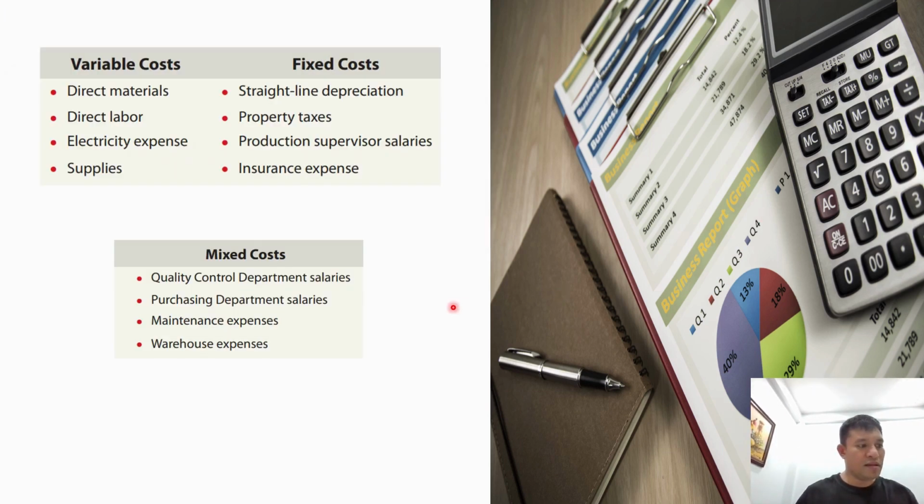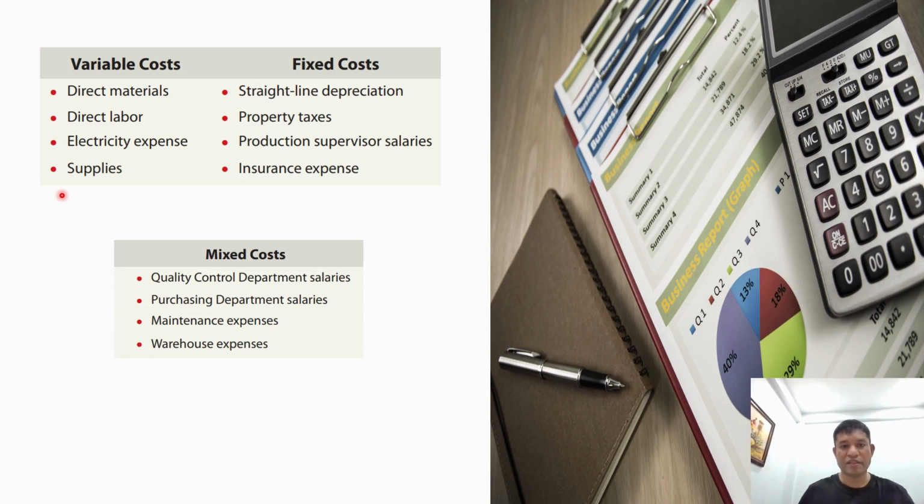So these are some of the examples of variable costs, fixed costs, and mixed costs for the activity base of units produced. For variable costs, those are direct materials, direct labor, electricity expense, and supplies.